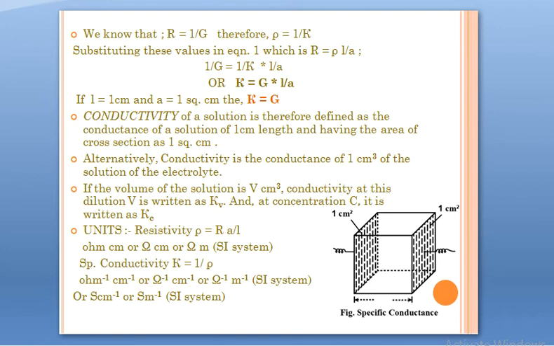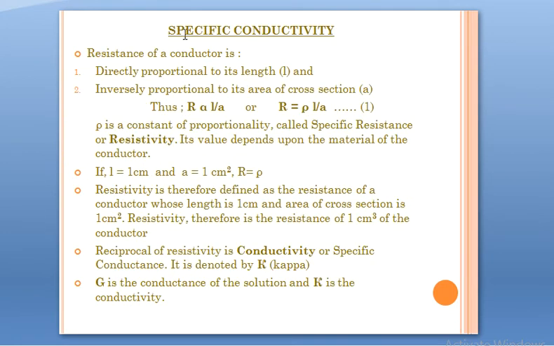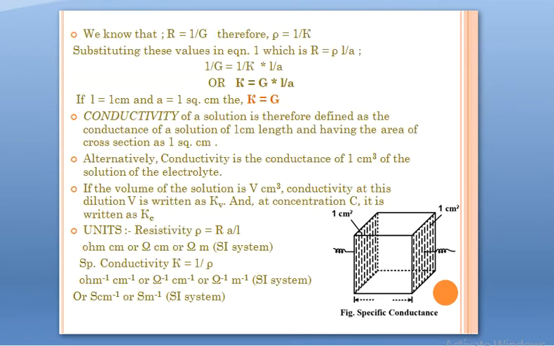So now we have to define what we actually need to study, specific conductivity, or conductivity simply. We now are able to define that. Conductivity of a solution is therefore defined as the conductance of a solution of 1 centimeter length and having the area of cross section as 1 square centimeter.